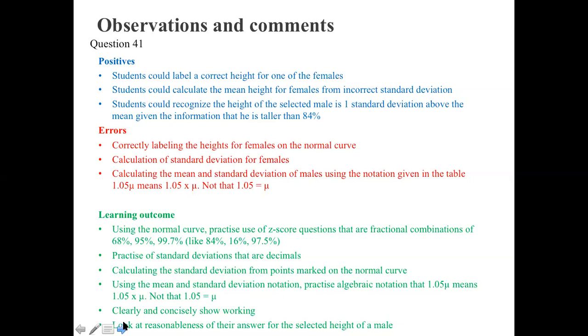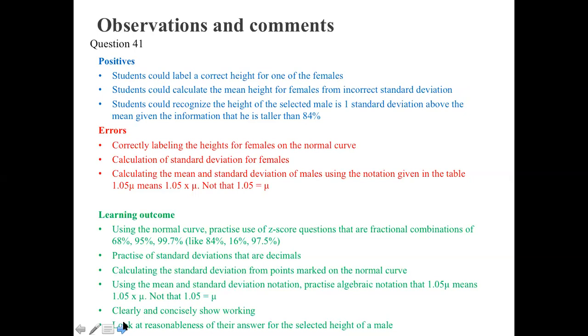So that was really good. Some students could really see that 84% represented 1 standard deviation above the mean, which is good. So they recognised that. So they were the positives. The errors that occurred were because they didn't label both the heights for the females on the curve. That led to lots of errors.